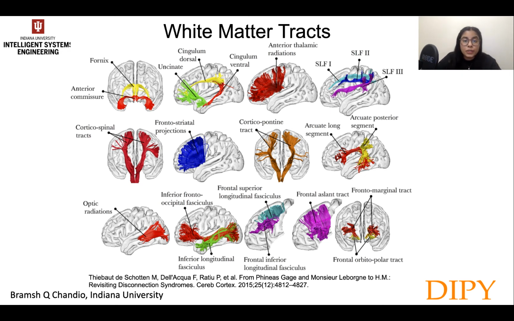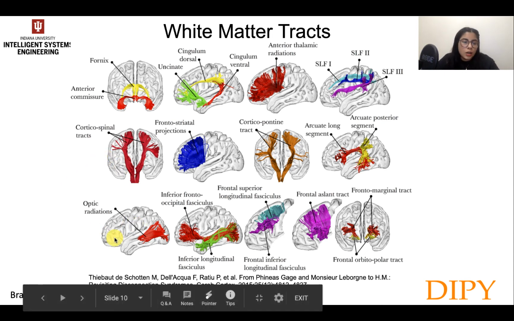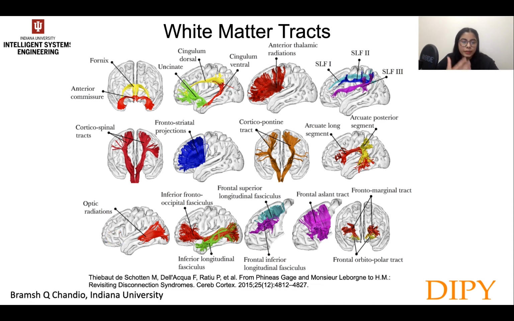For example, if we look at this figure, we can see the corticospinal tract, which is involved in movement, and then we see the optic radiation, which transmits the input from the retina of the eye to the visual cortex.